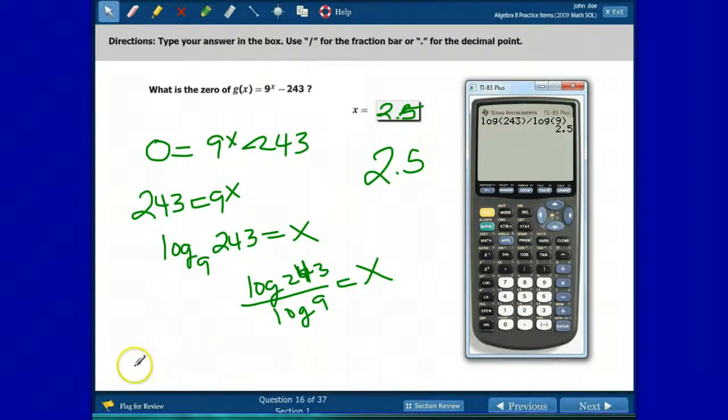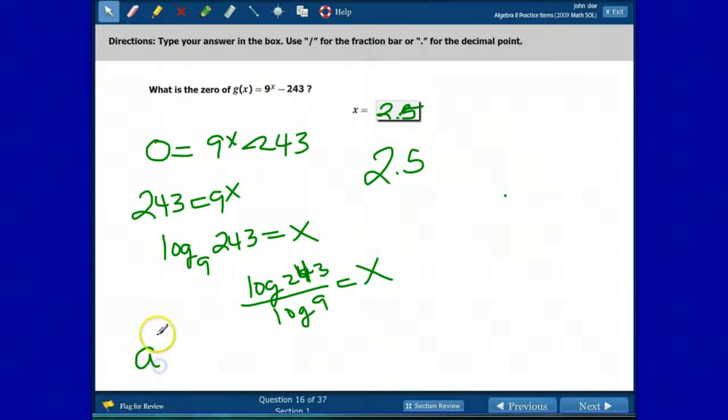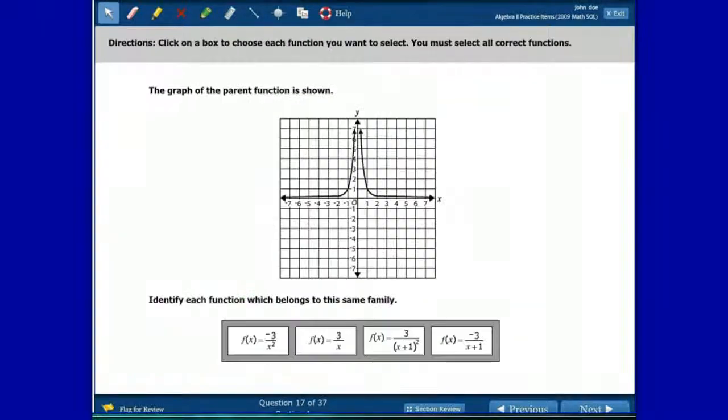And all I did was, again, the log change: you do a to the b equals c, so log base a of c equals b. That's a conversion. That's changing it from type to type. Okay, alright, I'm going to keep going before this computer completely dies on me.